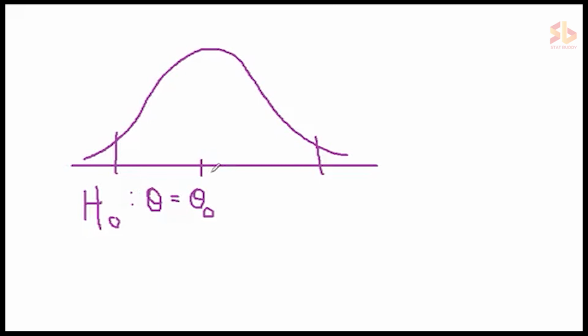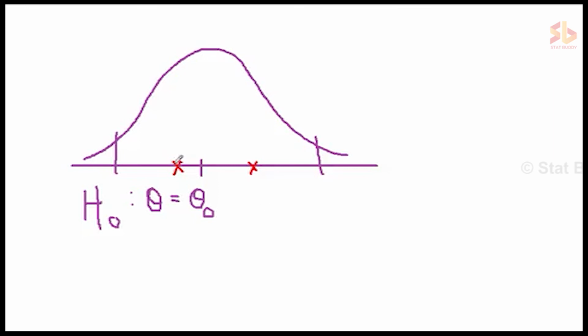But we can't say that, because we are taking a sample. Depending on one sample, we can't say that if our sample estimate for theta is not equal to theta naught, then our H naught is false, because we can have an estimate in here or we can have an estimate in here.